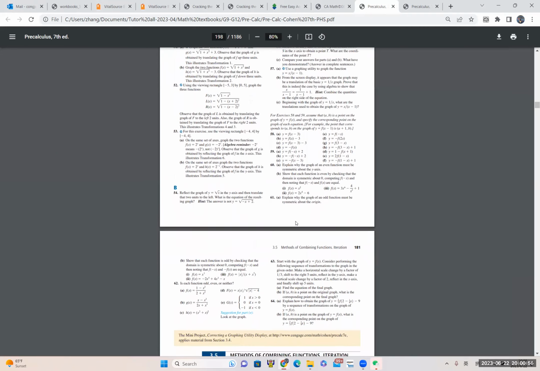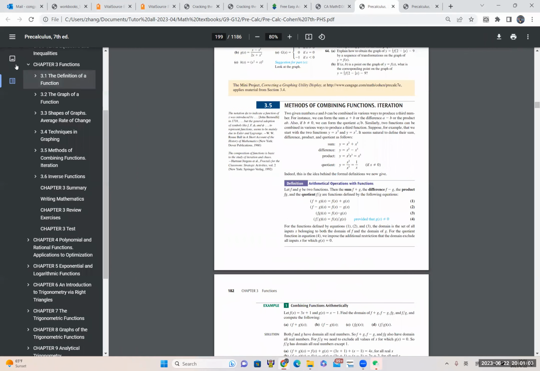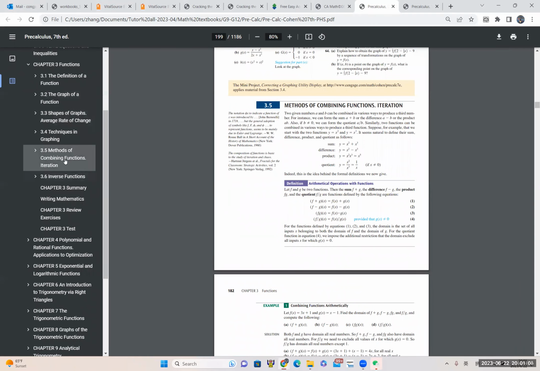We still have 3.5, 3.6, right? Just keep here. So sections 3.3 and 3.4 are all done.